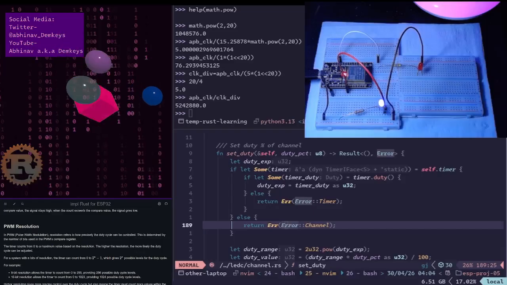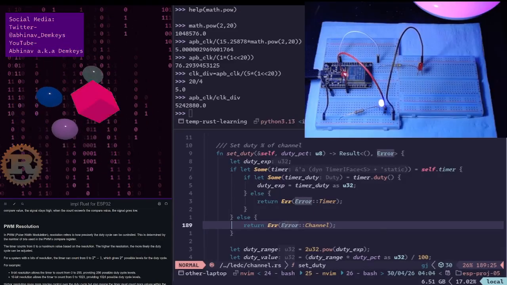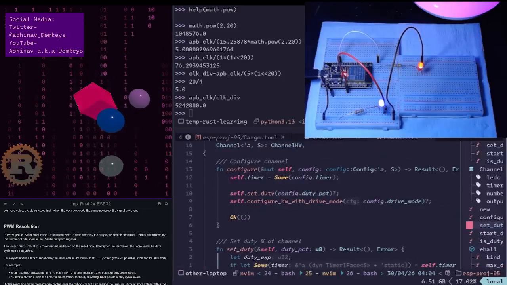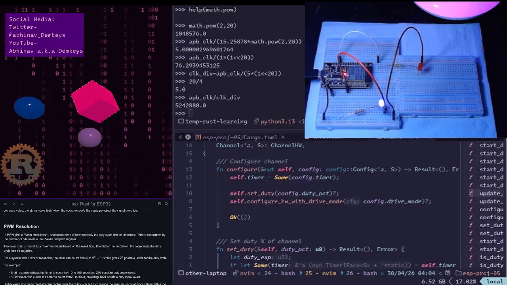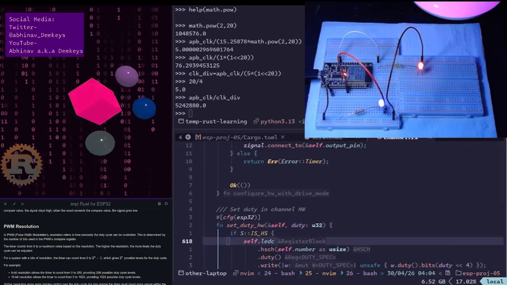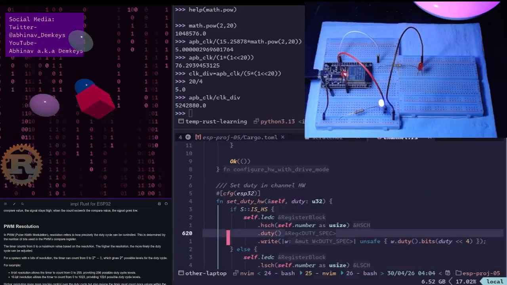Set duty calculates that, and then it passes that to set duty HW, which should be somewhere here. Set duty hardware. Yeah. So this is what actually sets register values and stuff like that.